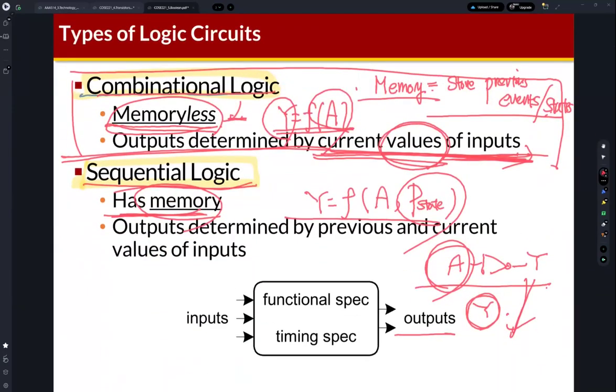This is very important. We need to distinguish combinational logic and sequential logic in this course. You can just understand that combinational logic is memoryless, and sequential logic has memory. This is the function of combinational logic, and this is the function of sequential logic.